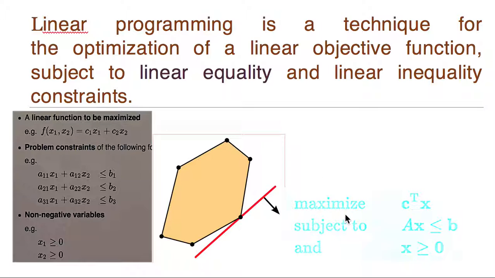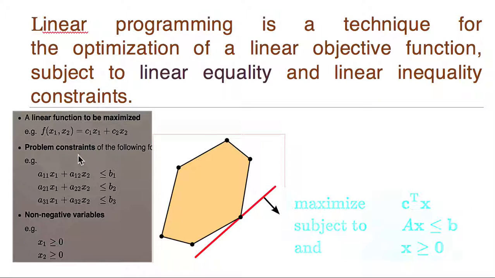In matrix form we can represent them as maximize c transpose x, subject to Ax less than or equal to b, where in this case A will be a matrix containing A11, A12, A21, A22, A31, A32.